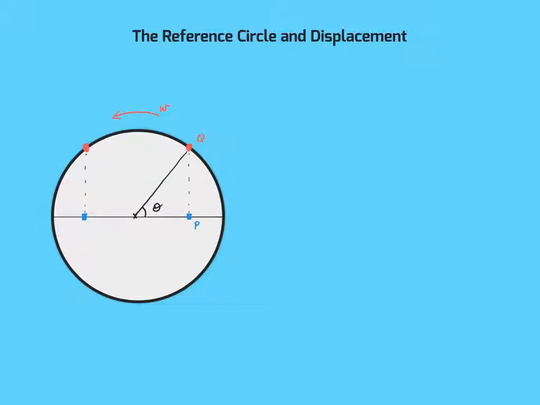So I think the first one that I'd like to go through is how the reference circle helps us come up with displacement. And this is probably the easiest one to see.